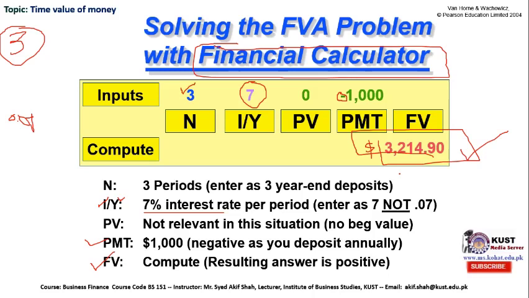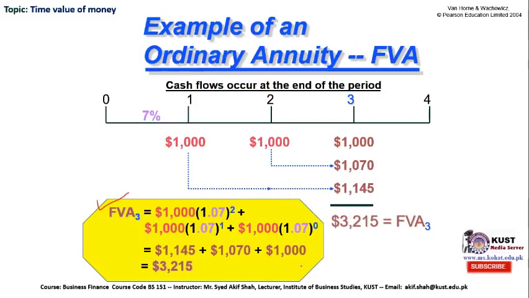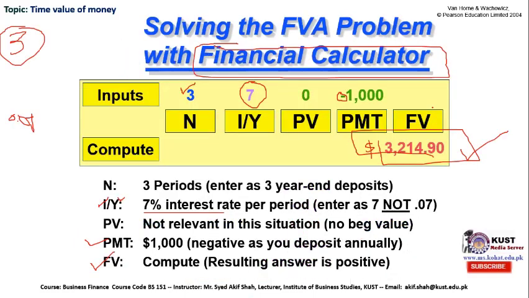Now there is a slight difference between the financial calculator's final value and the tabular method and formula method calculations. The reason behind this is precision. The financial calculator is more precise and uses the maximum number of decimal places, so it gives you the exact answer.